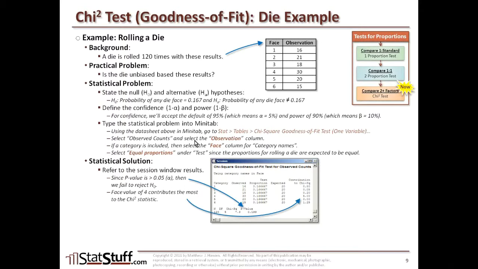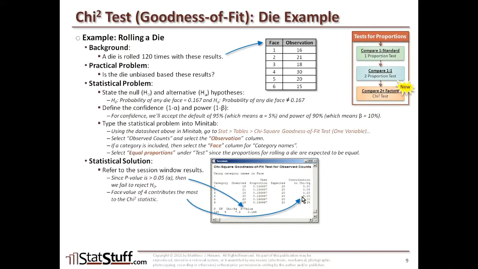So there is no statistical difference based off of this particular test. The face value of 4 contributes the most to the Chi² test statistic. Our Chi² test statistic comes back at 7.3 in this example. But if you notice, when you compare the contribution that each of these different face values contributed toward that Chi² test statistic, the number 4 value in this row is the largest.